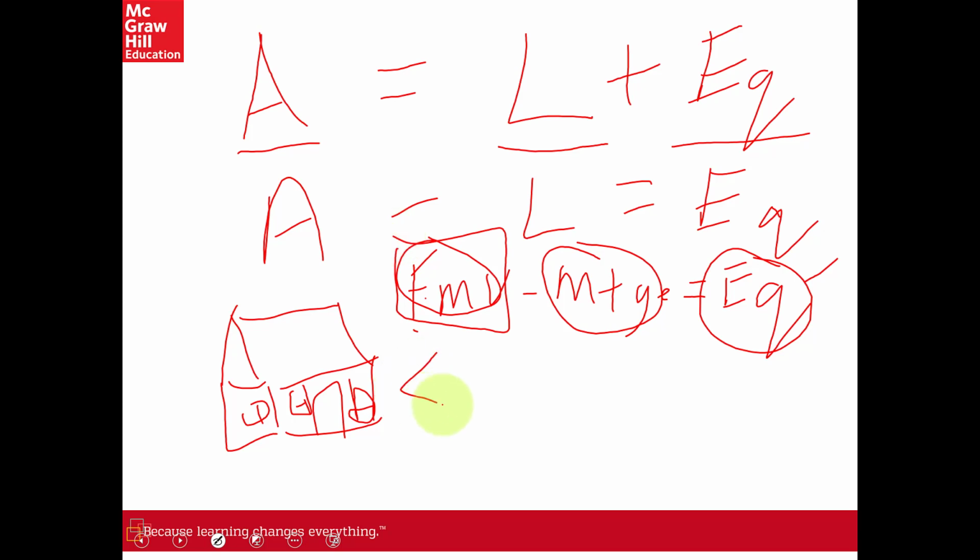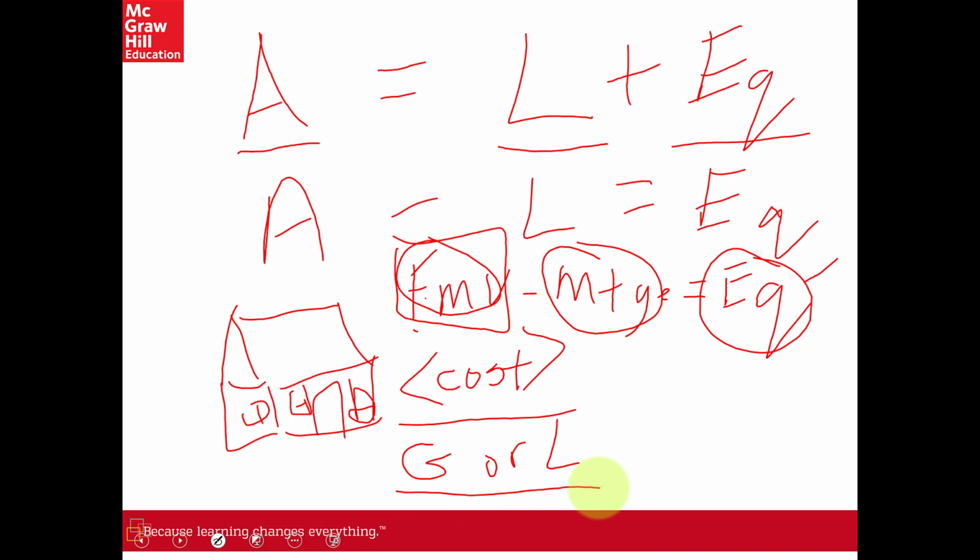And then you minus out the cost of that house, or the cost basis, to get the gain or the loss. Okay, so this gain and loss down here is not necessarily equal to the equity or the amount of cash you get if you sell the house.